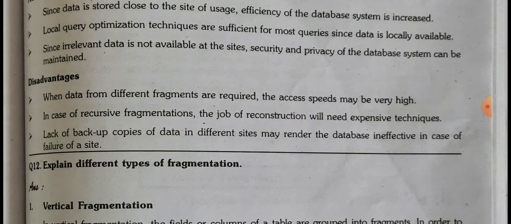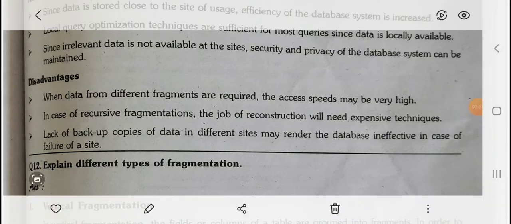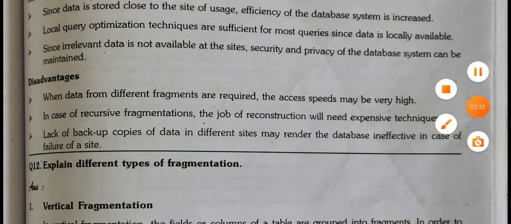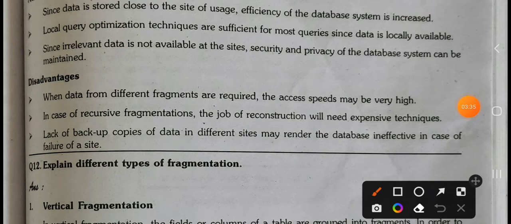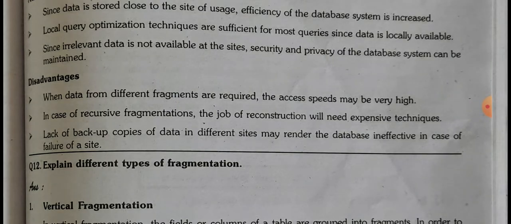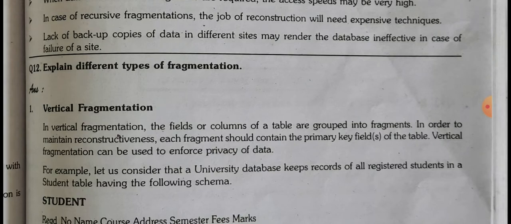In the case of recursive fragmentation, reconstruction is more expensive compared with data retrieval operations. And there is a lack of backup copies. As we fragment, we don't maintain any copies of the data. If a system crashes, we will lose the data permanently without any duplicates. That is the problem we get with fragmentation.